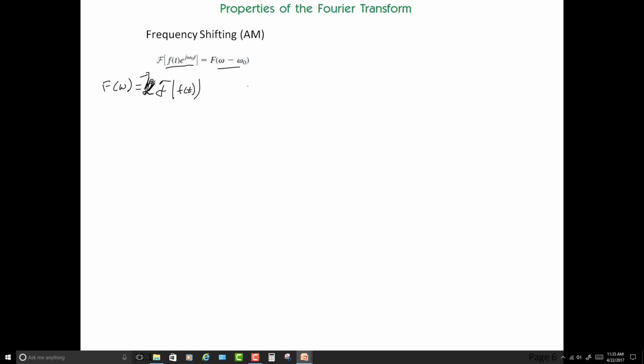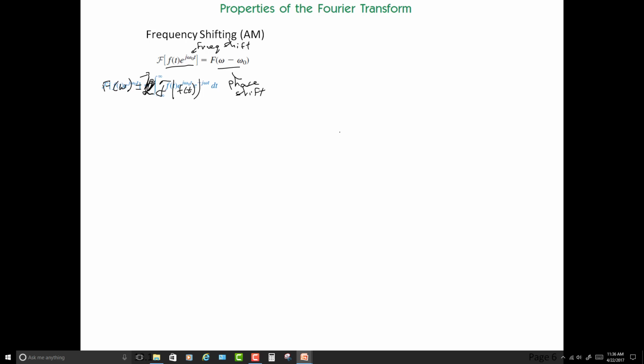So what is this really saying? Let's look at the end result. It says if I do frequency shifting, right, this is the frequency shift. Frequency shifting in the time domain results in phase shifting in the frequency domain.